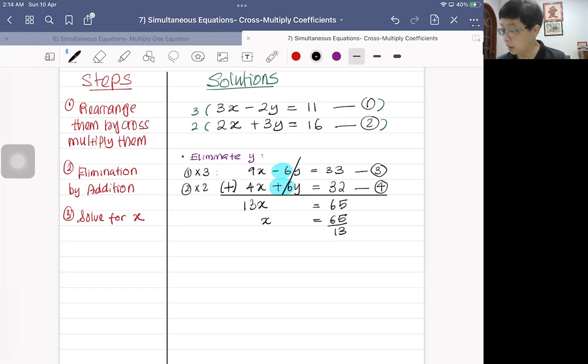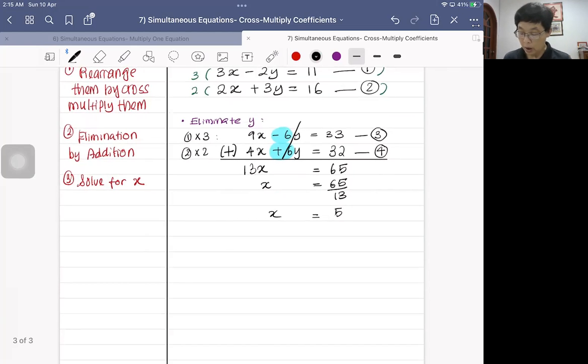Over here, I'm going to use a calculator, and that gives me x equals 5. But if you're not allowed to, no worry, you can just do the manual long division, if you still remember how. Now what we've got is x equals 5.